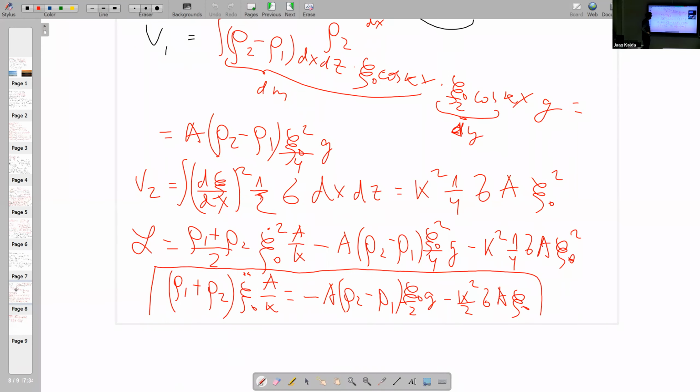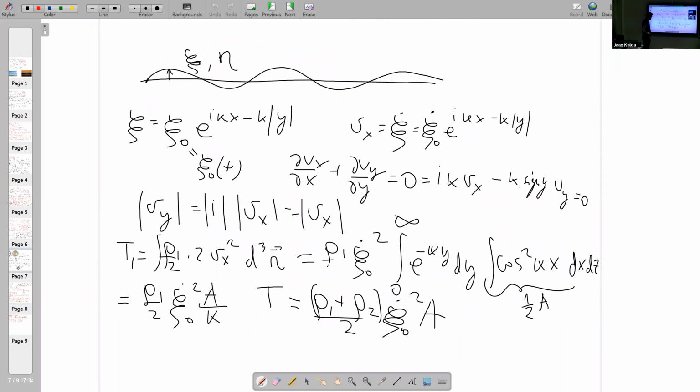Potential energy is where did it start? Okay, it started here. Potential energy is rho v square divided by 2. Vector 2 counts here that we have both x and y components.